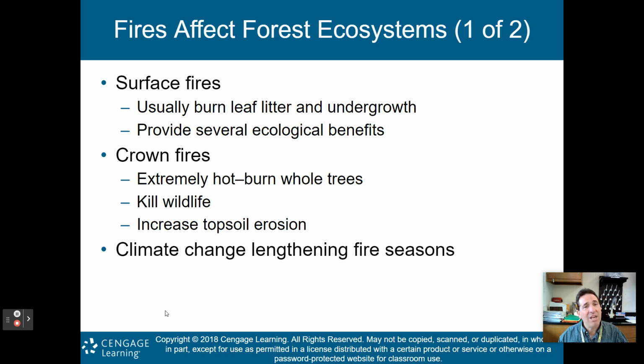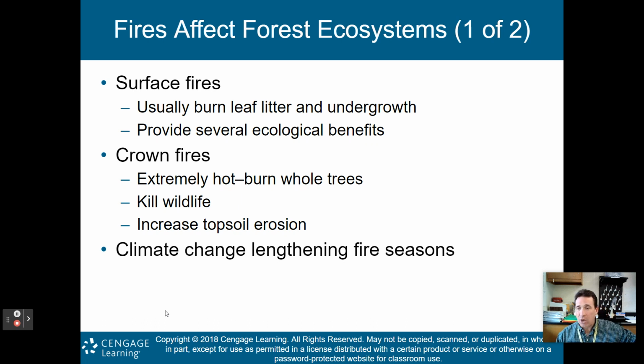It's on the surface. It usually burns leaf litter and undergrowth, and it can provide several ecological benefits. So actually, there are some cultures out there, some Native American cultures, that actually do surface fires every couple of months, because not only does it help prevent a crown fire from starting, which we'll talk about next, but again, it gives you some ecological benefits, right?